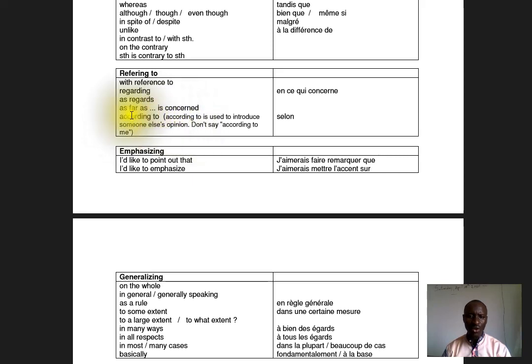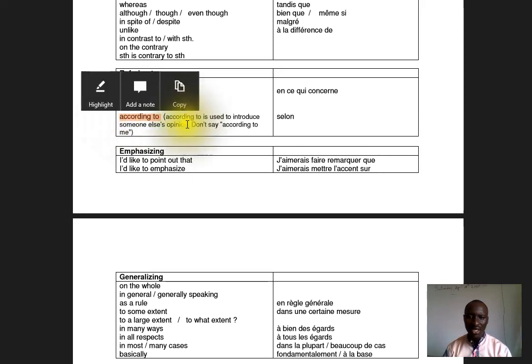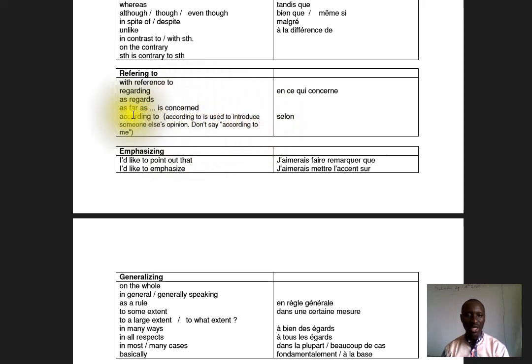You have to notice that according to is used to introduce someone else's opinion. Don't say according to me. No. Say simply according to you, according to your father, according to your teacher, according to your president, and so on and so forth. It is selon in French.